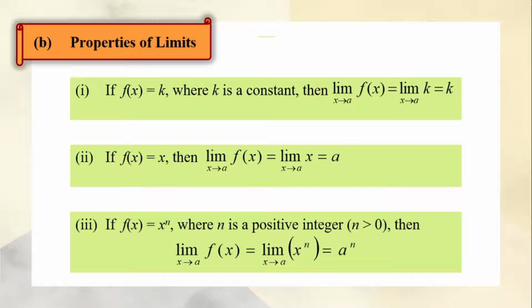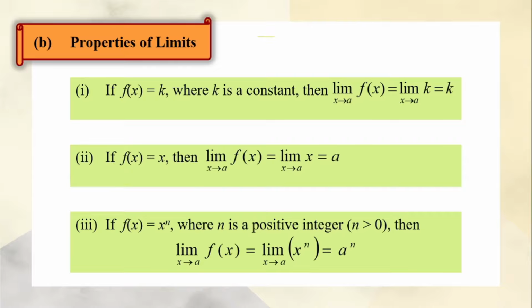This one is also the same as the second property, where we just substitute x equal to a into x and then we get a to the power of n.